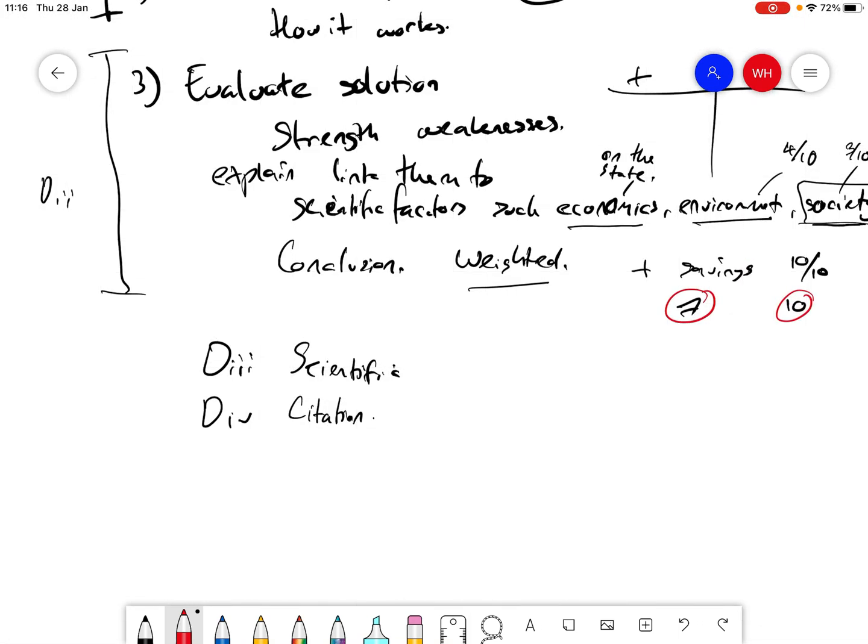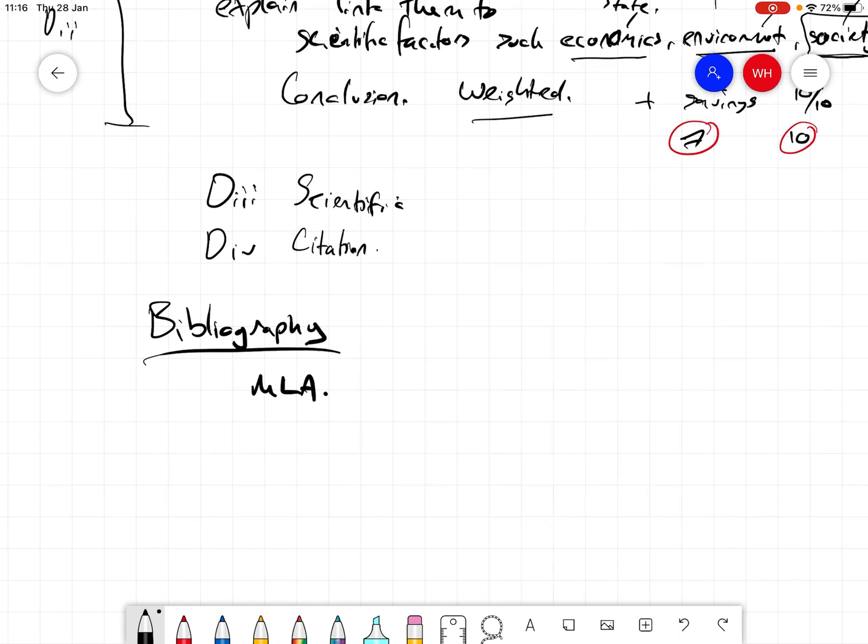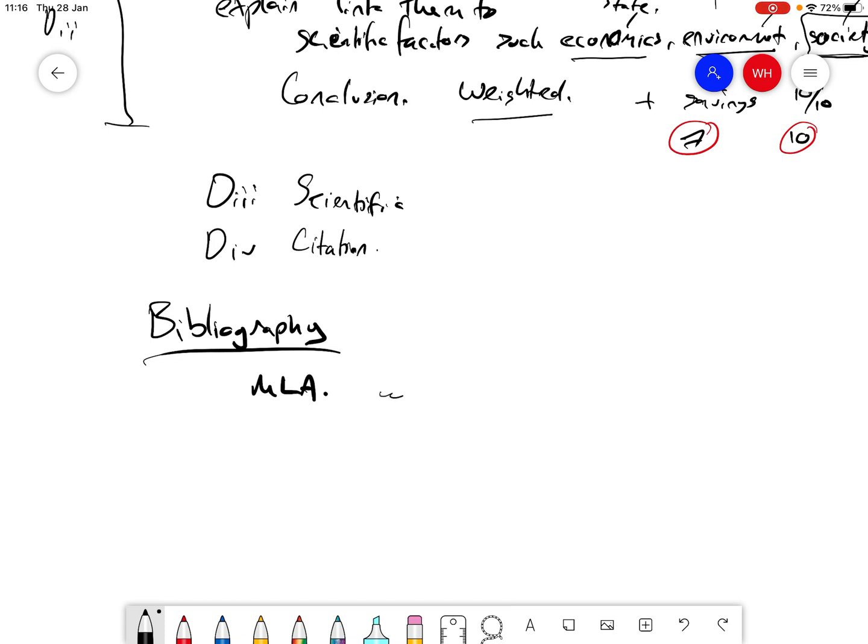And then at the end, you need a bibliography, and that should be in MLA format, which involves how you lay out your reference in terms of a web address followed by an access date and an author and such like, but then they're also in alphabetical order. That is the MLA format.